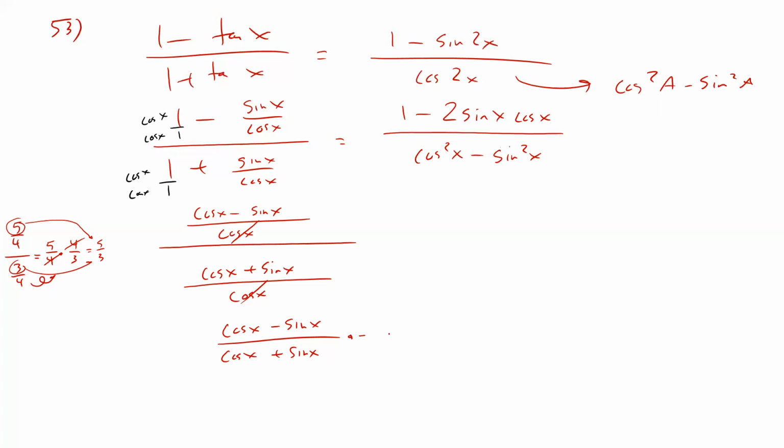And then I multiply in order to give me that denominator to be the same. So maybe on this side I should multiply this denominator by cosine x minus sine x. And the reason I'm doing it is because I know once I multiply these together, I will get this right here. Good there.